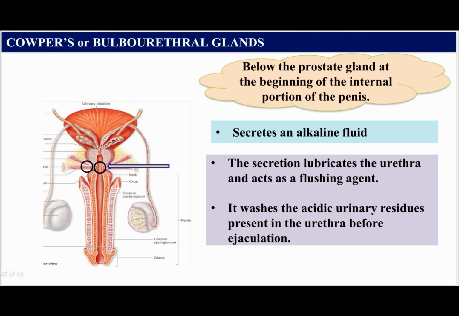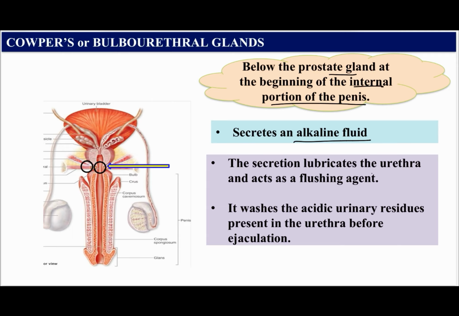And last, the last accessory gland of the male is Cowper's gland or the bulbourethral gland. It is present below the prostate gland, at the beginning of the internal portion of the penis, and secretes an alkaline fluid.